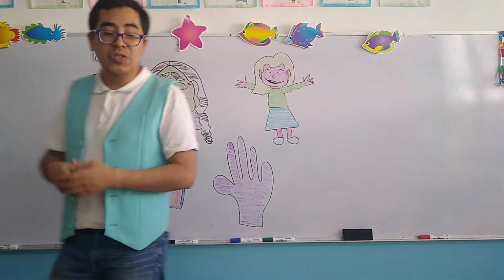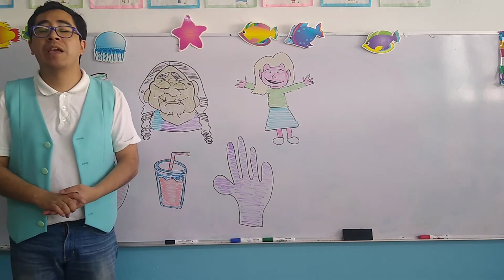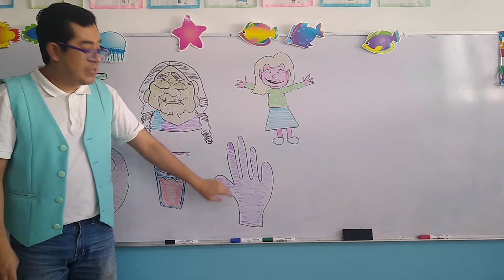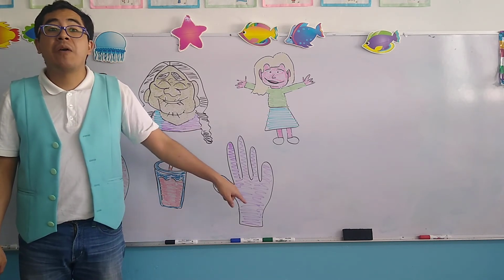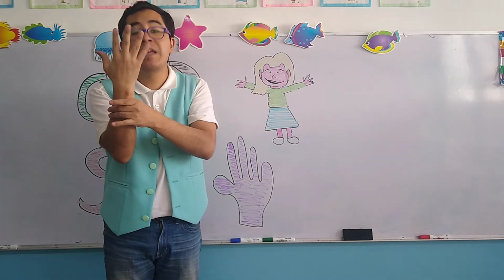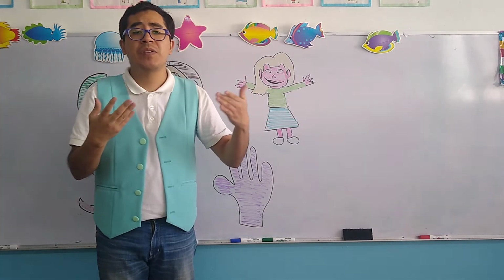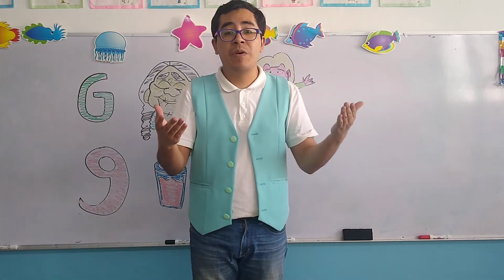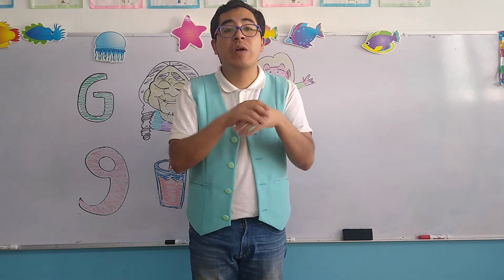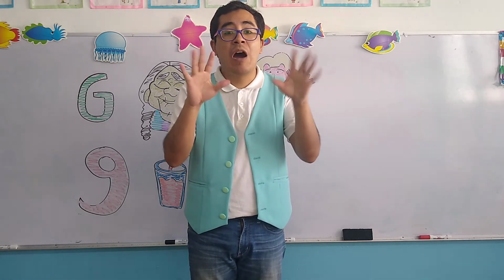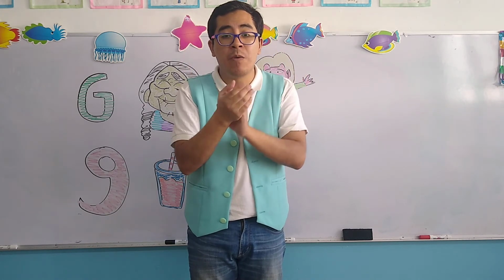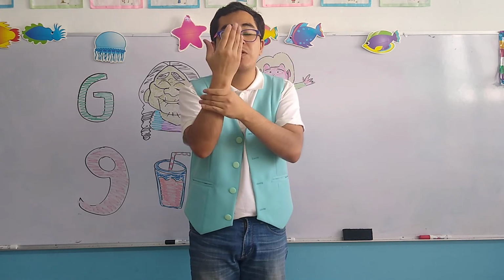Next to the glass, my children, we have the glove. Now, first of all, important thing, this is not a hand, okay? Now, the glove is the object that we put inside our hand, because sometimes, especially on December, for example, when there is a lot of cold, cuando hace mucho frío, okay, our hands begin to shake, and in order to keep them warm, we put some gloves on top of them, okay?